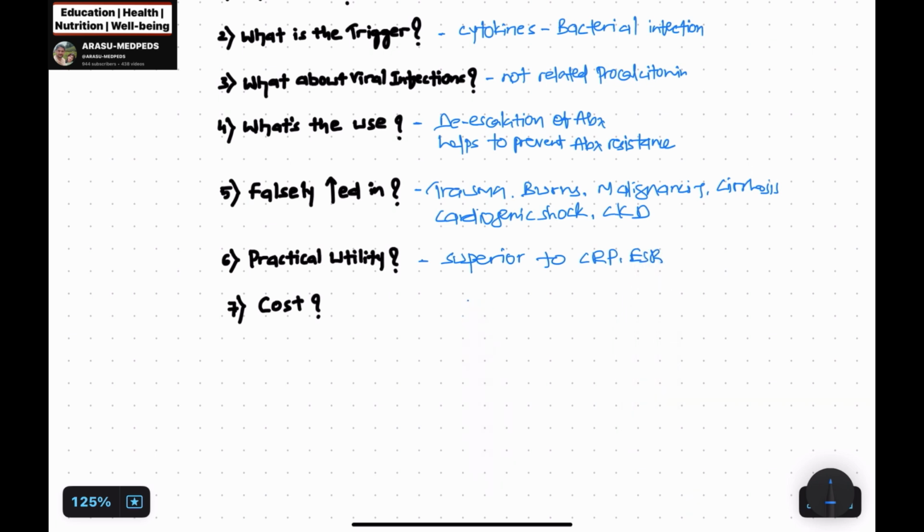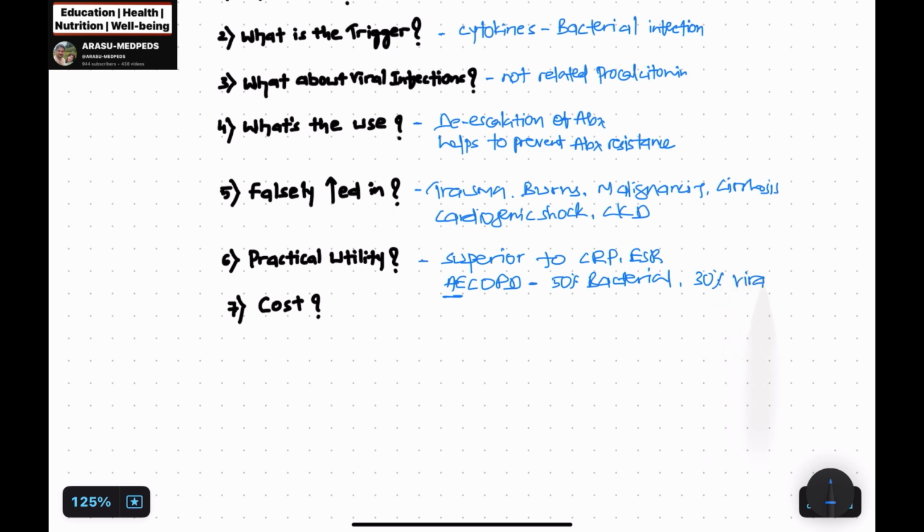But today's consideration of this particular biomarker mainly helps in the start of antibiotics in case of acute exacerbation of COPD. Here we know that majority of the times acute exacerbation is due to lower respiratory tract infections, and among them about 50% of the times it will be bacterial, and the other 30% of the times it will be viral.